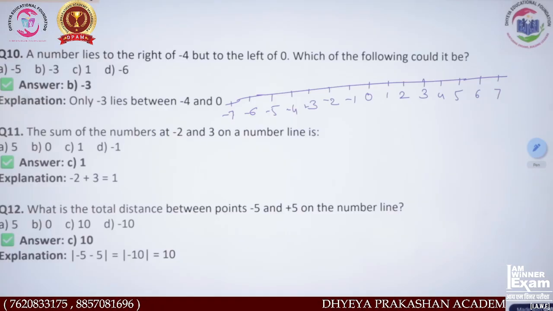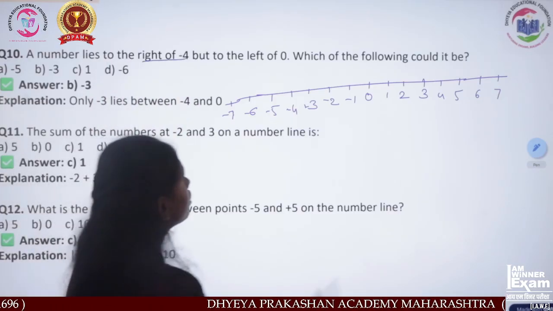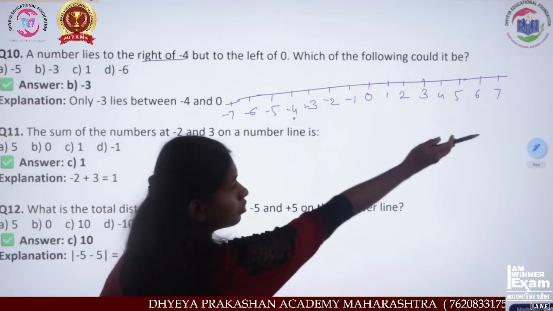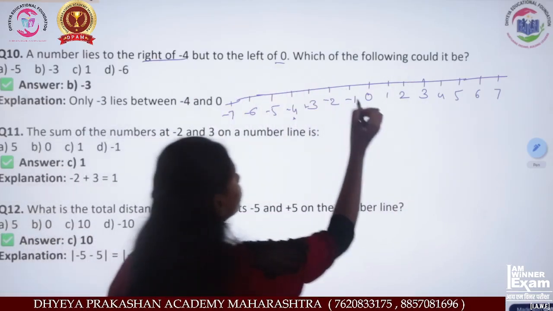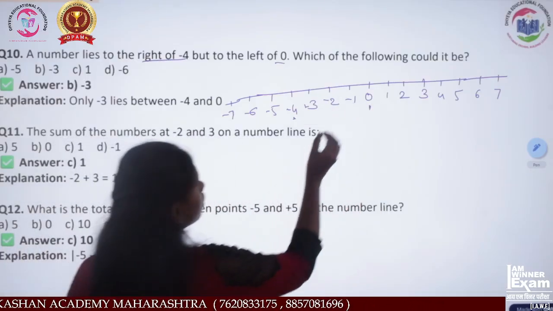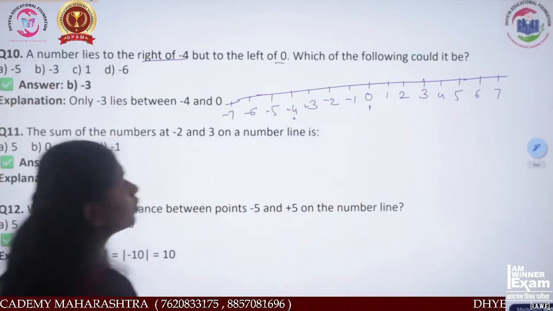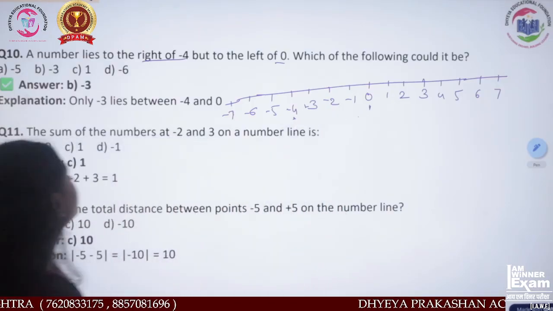Now a number lies to the right of -4. Where is -4? Here. And to the right, this side. But to the left of 0 means this side. So you have to find the number between them. In the options, you have to just check which number is in the middle of them.